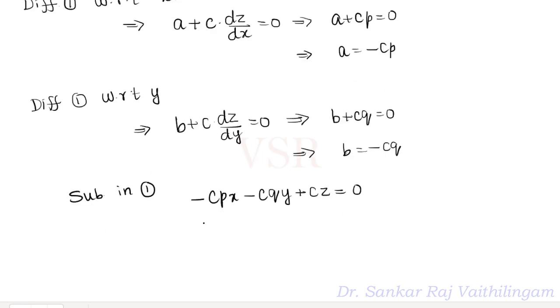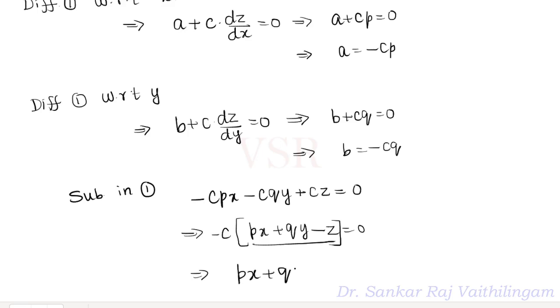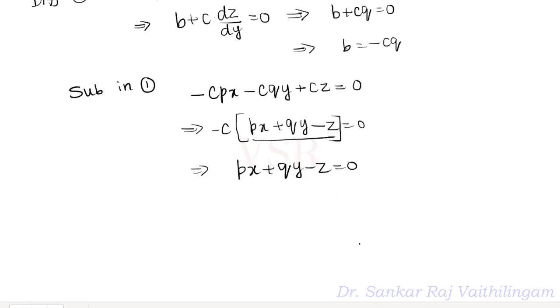Now let me rewrite this equation a little differently. Okay, taking minus c common, what we will have is px plus qy minus z, which is equal to 0, since c is not equal to 0, right? So that implies that px plus qy minus z is equal to 0.